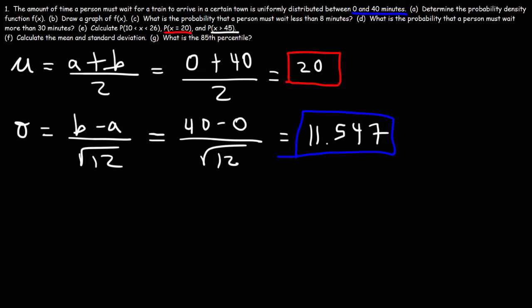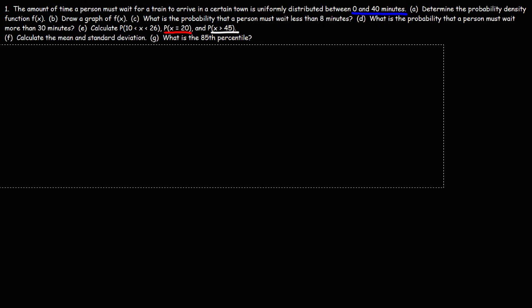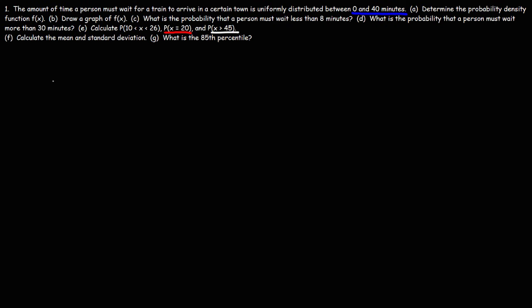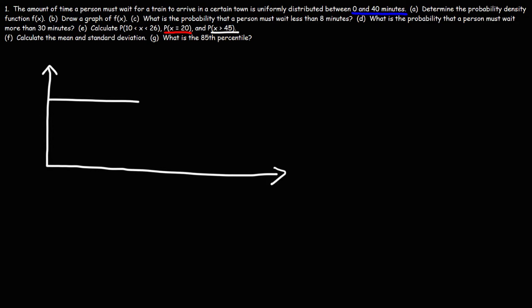Now, what is the 85th percentile? Feel free to pause the video and try it if you want to. So let's go back to our graph. Now let's break this up into 4 equal parts.